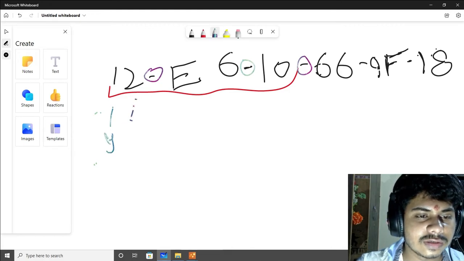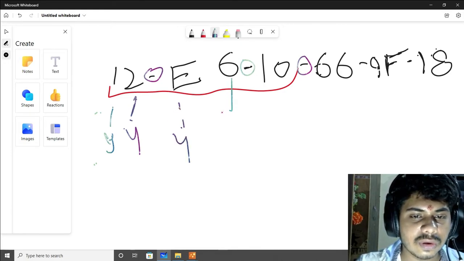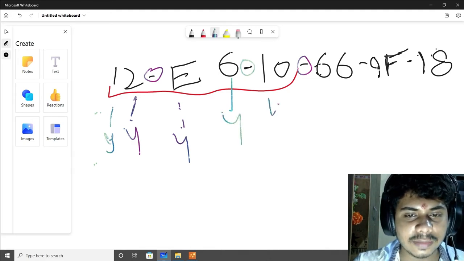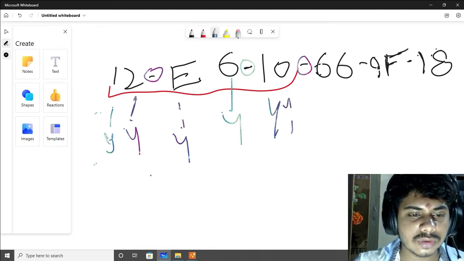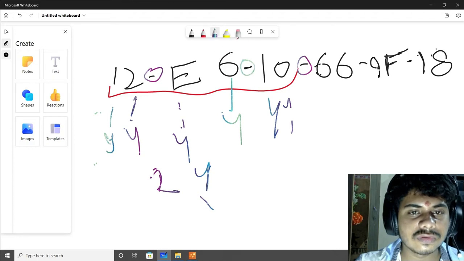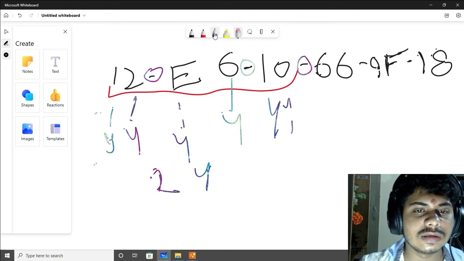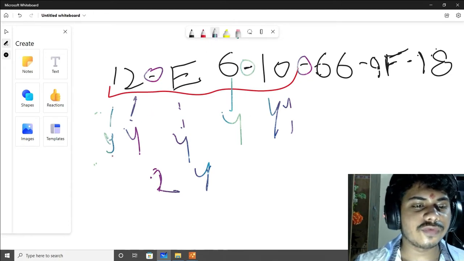This also contains 4, this also contains 4, and this also contains 4. It is summing up, so you can see it is 24 bits when you add. When you add these starting 6 numbers, the sum is equal to 24.